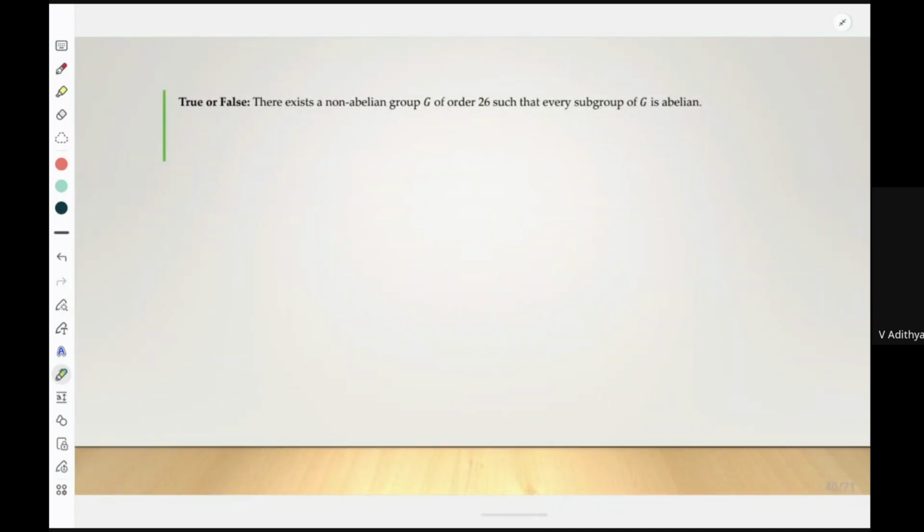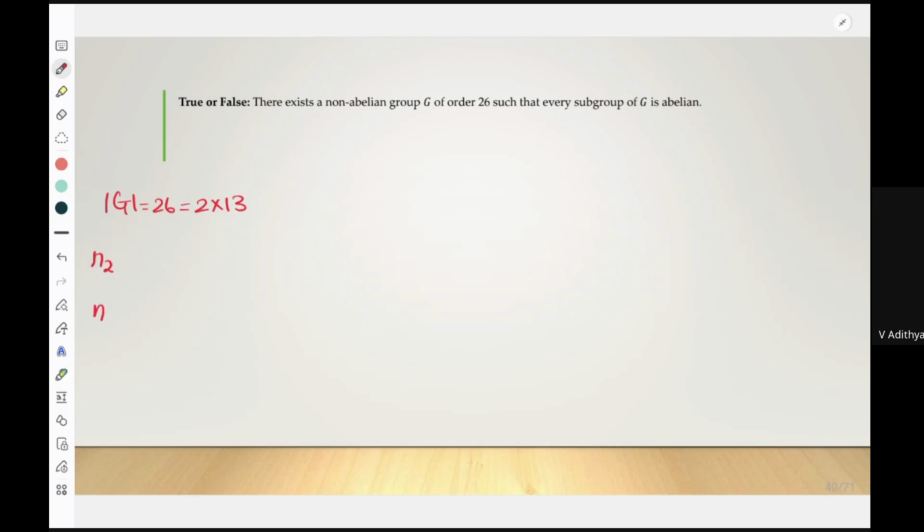Anyways, true or false? This is from TIFR. There exists a non-abelian group of order 26 such that every subgroup of G is abelian. Okay. So now again, let's look at the order of G. 26 is basically 2 times 13.